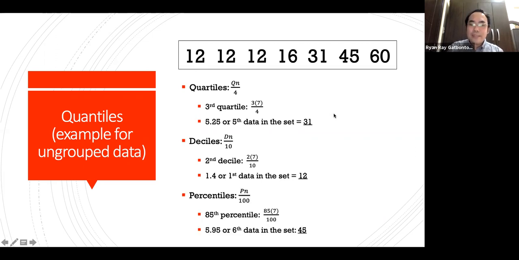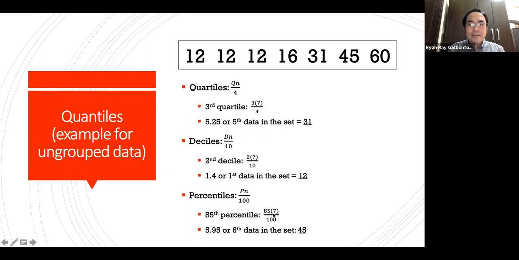Now, for the percentile, with the formula pn over 100, we can get it by having an example. Let's say we're looking for the 85th percentile. We replace the p with the percentile that we're looking for, so this is P85.